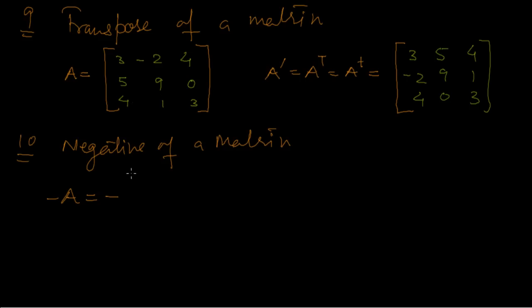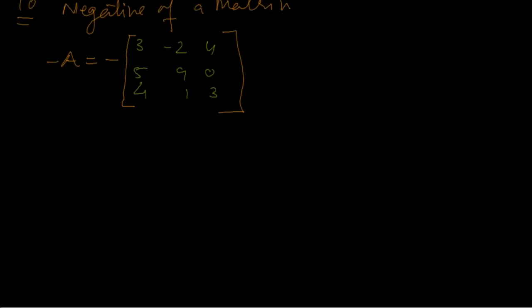So it would be like this: 3 minus 2 4, 5 9 0, 4 1 3, and we multiply by negative inside. We will get minus A equal to minus 3 plus 2 minus 4, minus 5 minus 9 0, minus 4 minus 1 minus 3. This would be the negative of matrix A. So it is the negative matrix of matrix A.